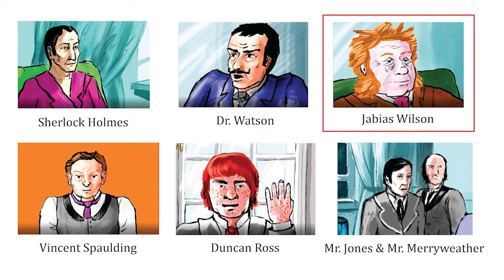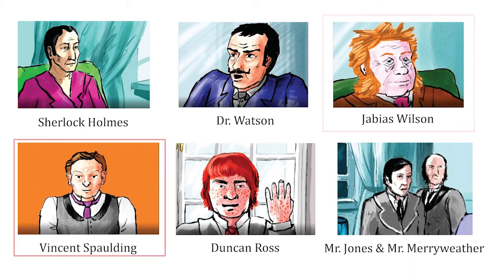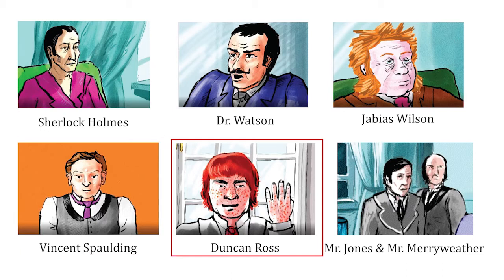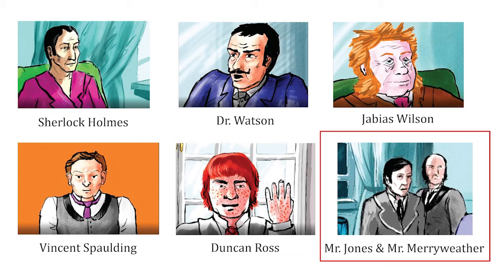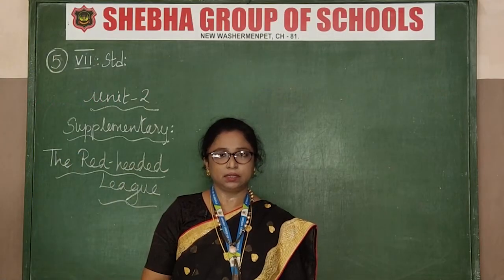Then J.B.S. Wilson, a red-haired man, is the owner of a small pawn shop. Then Vincent Spaulding, a shop assistant of J.B.S. Wilson. Then Duncan Ross, accomplice of Spaulding and the owner of the Red-Headed League. Mr. Jones, a Scotland Yard policeman. And Mr. Merriweather is a suburban bank manager. So these are the characters in this story.